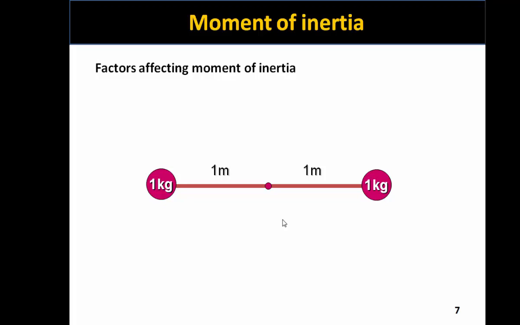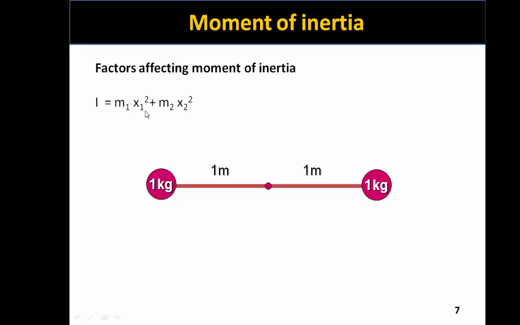There are two factors that affect the moment of inertia: the first is the mass, and the second is the distance from the point of rotation, and x in this situation represents the radius of gyration.